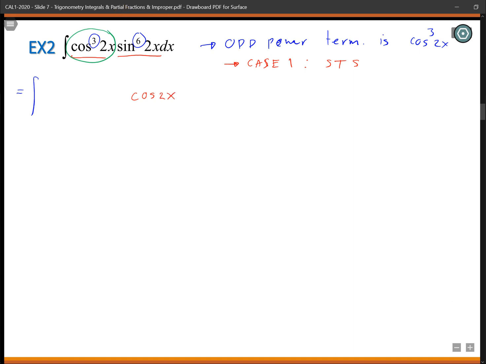Now the rest of the terms of the cosine, the power decreases by 1, and that is cosine of 2x to the power of 2. For sine, it is not touched, so it's going to stay the same. That is going to be sine of 2x to the power of 6. Nothing changes. And done. First step, split.